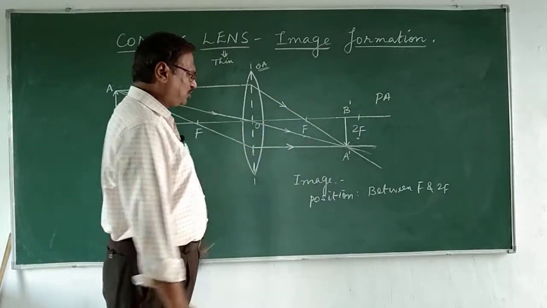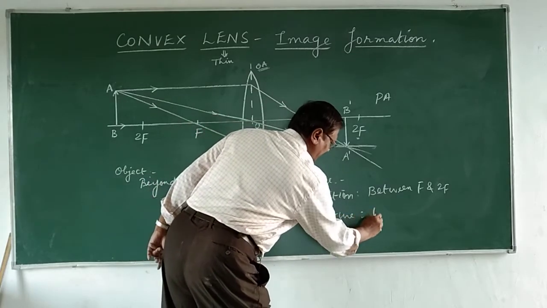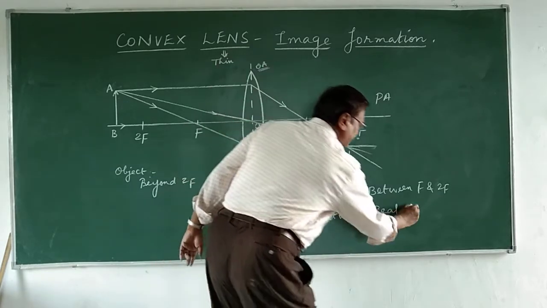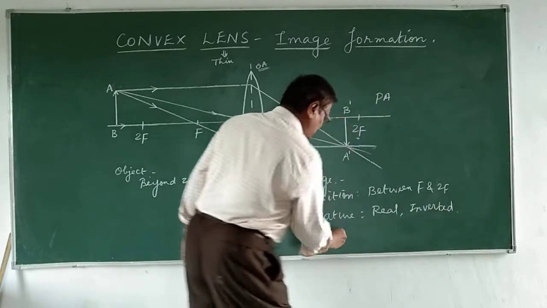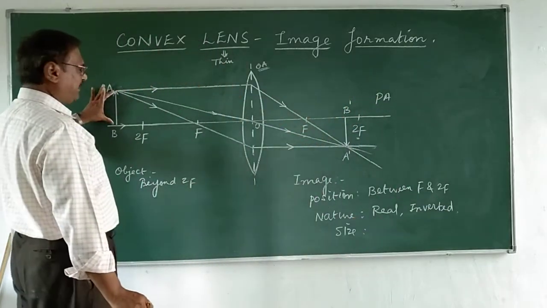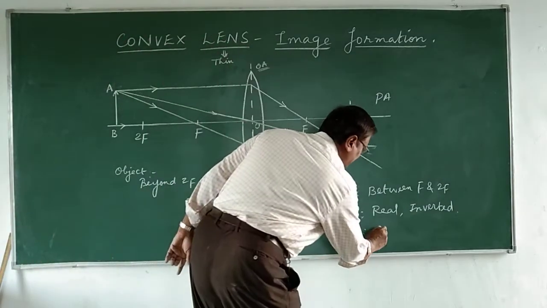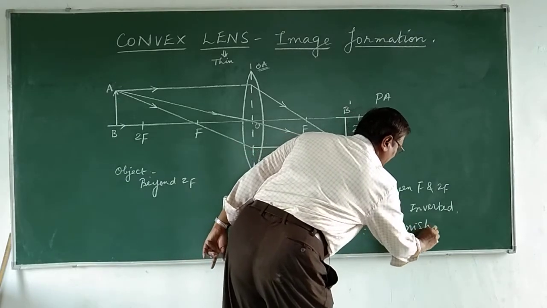And what is the nature of the image? It is real because the rays pass through and come to this side, and it is inverted. And what about the size of the image? You see, this object is a little big and this image is smaller. It is a diminished image.